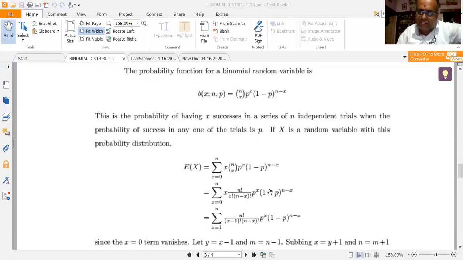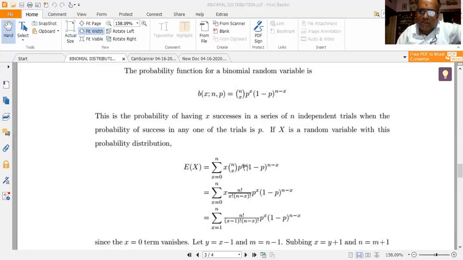How do you define an expectation operator? How is it linear? How do you define the expected value for a discrete random variable? How do you define the expectation value for a continuous random variable? All those we had discussed, so we use the same criteria here.